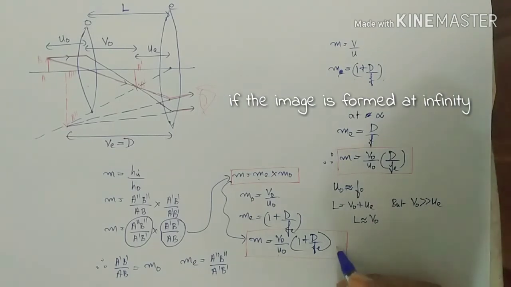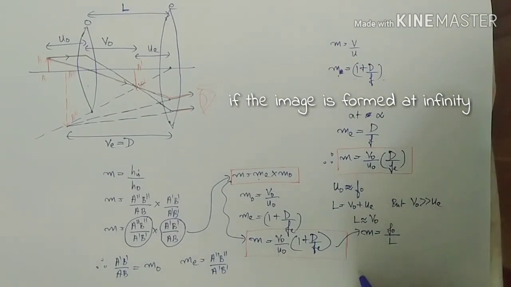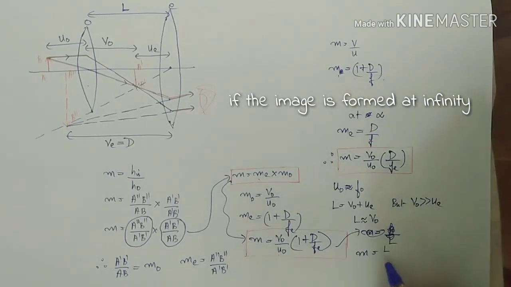Then we could write this equation as M is equal to, VO is L, UO is FO, L by FO into 1 plus D by FE.